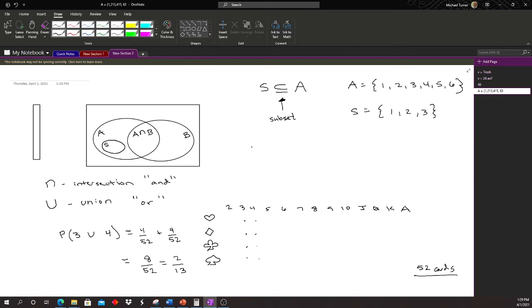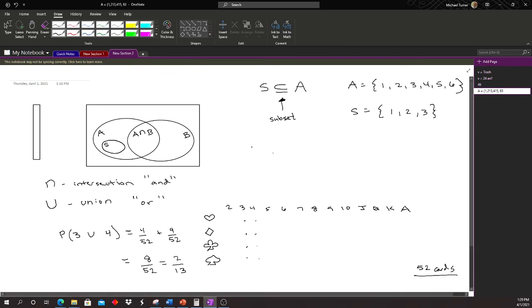And then lastly, we want to know what a complement is. A complement is basically the opposite of your set. So this would take a little bit more of a definition. In terms of your Venn diagram, your complements are the elements outside of your existing set. So it's neither A nor B, it's everything else.